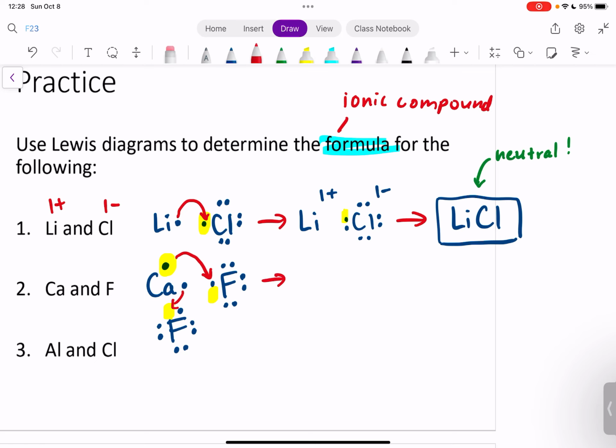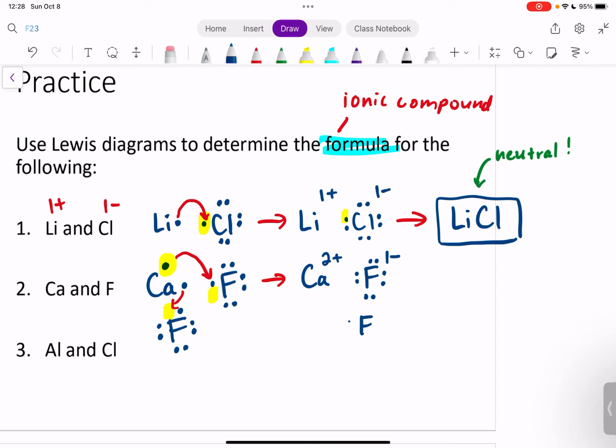Calcium now gave away 2 electrons, so it's going to have what charge? Yeah, 2 plus charge. Electrons are negative, so if we lose 2 of them, I've now got 2 more protons than electrons, and that results in an overall 2 plus charge. And for fluorine, each fluorine gained 1 electron, so we can't forget to put the valence electrons here.